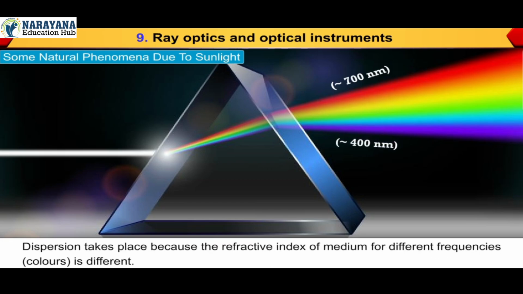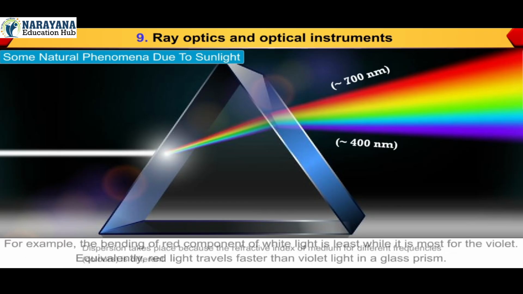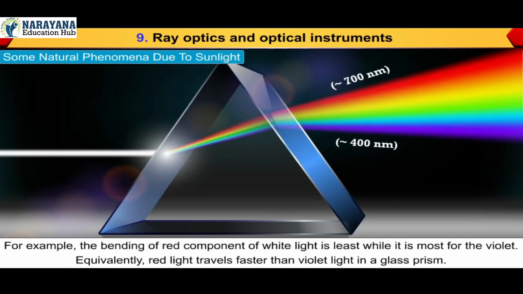Dispersion takes place because the refractive index of a medium for different frequencies or colors is different. For example, the bending of the red component of white light is least while it is most for the violet. Equivalently, red light travels faster than violet light in a glass prism.